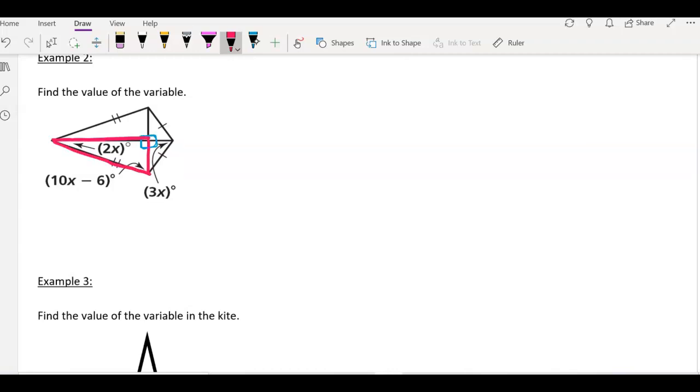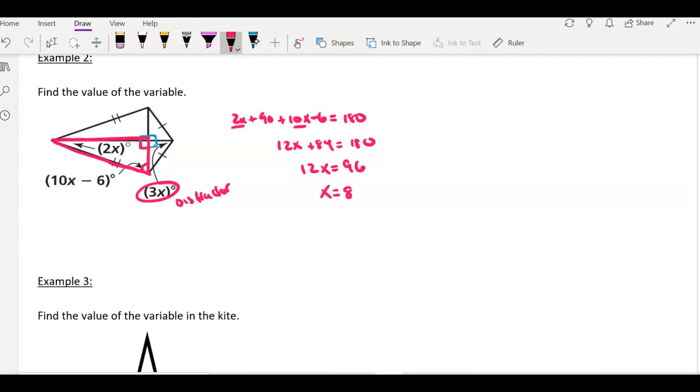Because now that I know that's a 90-degree angle, I know 2x plus 90 plus this angle here, 10x minus 6, all have to add up to 180. This 3x ends up being a distractor. They want you to be able to determine what angles you're going to have to use. So 2x plus 10x is 12x. 90 minus 6 is plus 84 equals 180. Subtract 84, 12x equals 96. And x is going to be equal to 8. All right.